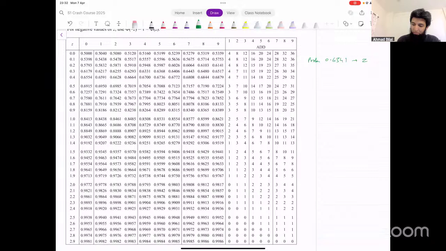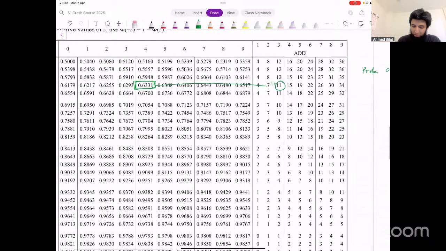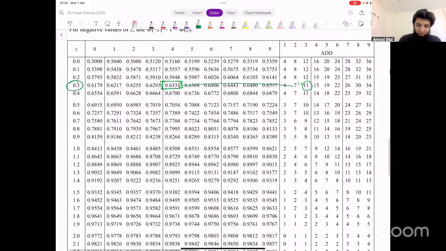This is 6331, right? We have to add 10 more to that. You go to the right side. 10 is closer to 11, so we use 11 from here. So the first decimal is 0.3, and then you have 4, and then you have 3.